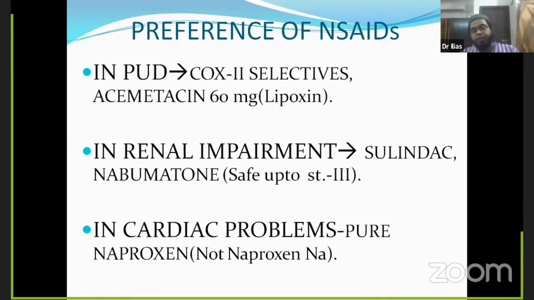Another issue is a patient having pain along with renal impairment. First of all, we will say no NSAIDs should be prescribed for a renal impaired patient.